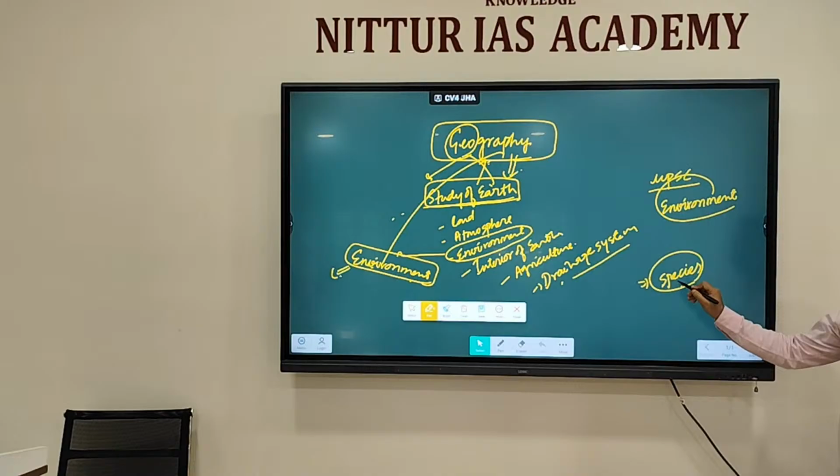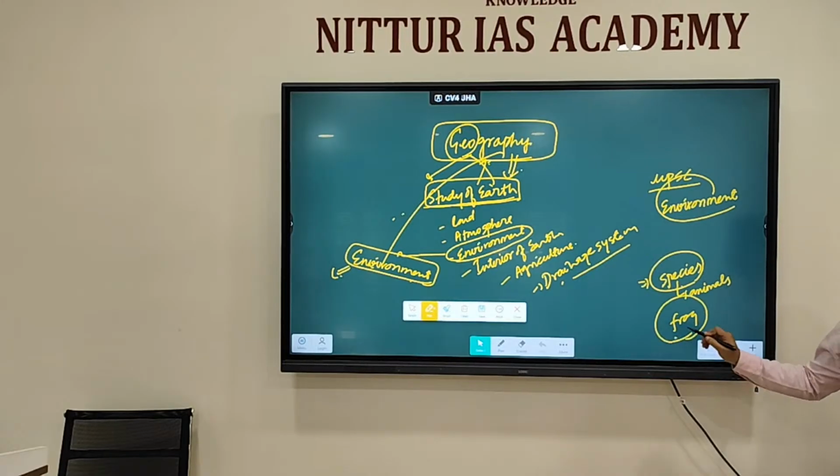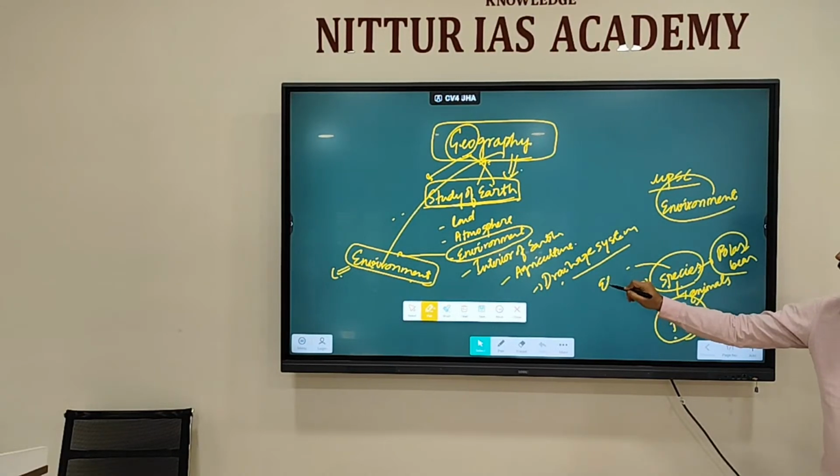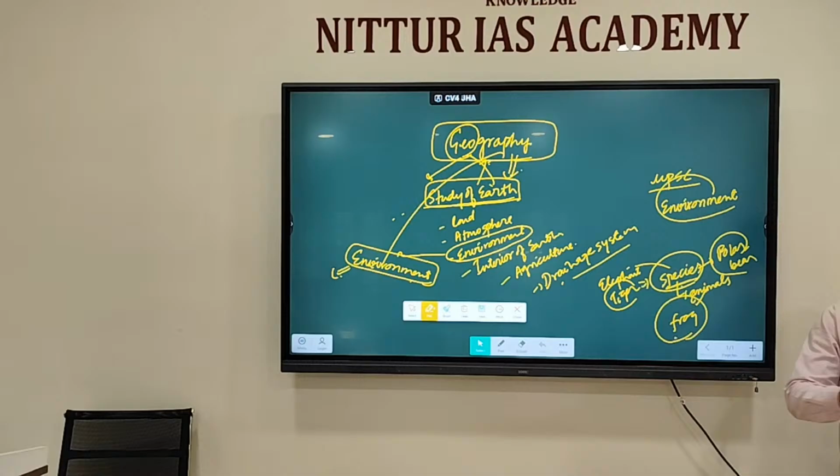Let's say an individual animal, a frog. What is the environment in which the frog is living? You are talking about species, polar bear, elephant, tiger.